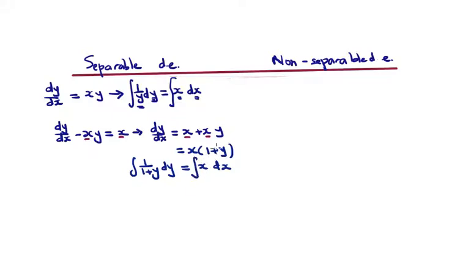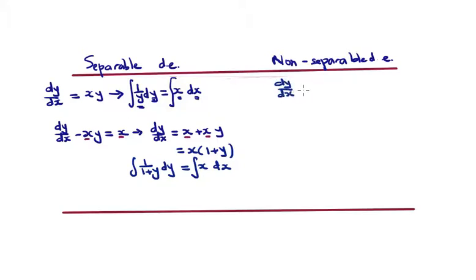These are some examples of separable differential equation, but not all differential equations are like this. For example, dy/dx minus xy equals 1 is a non-separable differential equation because we don't have common factors here.